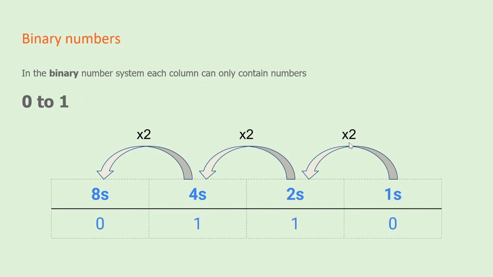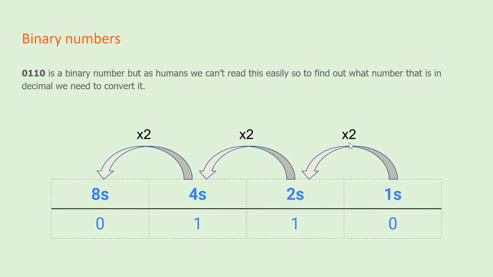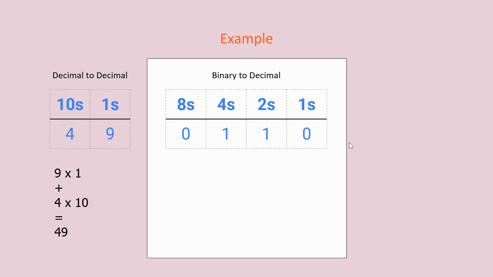Exactly. So that there at the bottom is an example of a binary number. That means nothing to us as humans. 0110 is definitely computer talk. Now, what we need to do is take that binary number 0110 and convert it to a decimal number.